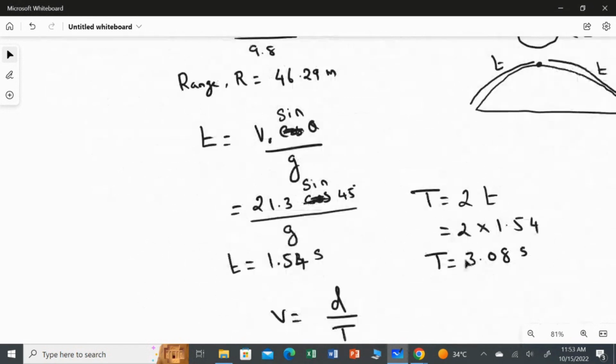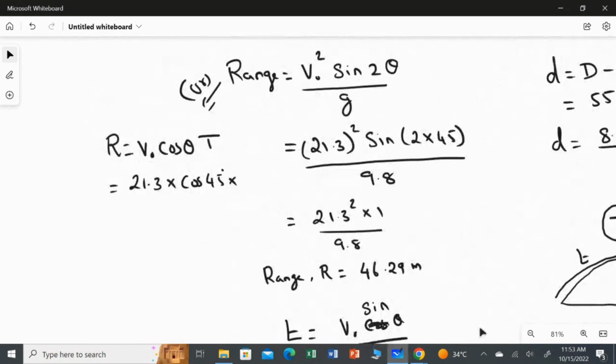What is the total time of flight here? 3.08. You'll see, you'll get the same answer. 21.3 multiplied by cosine of 45 degrees multiplied by the total time of flight 3.08. So you got the same value, 46.38.